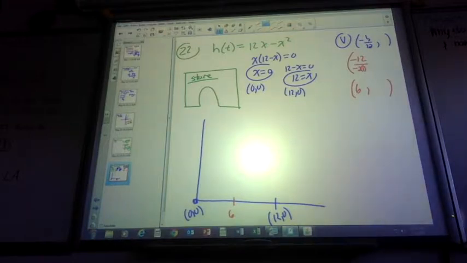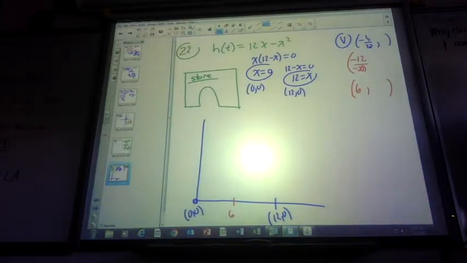How do I figure out the height of this archway if I have the x value? The y value is the height. How do I find the height? What do you think? Stare at it and it'll change? Notice my original equation.